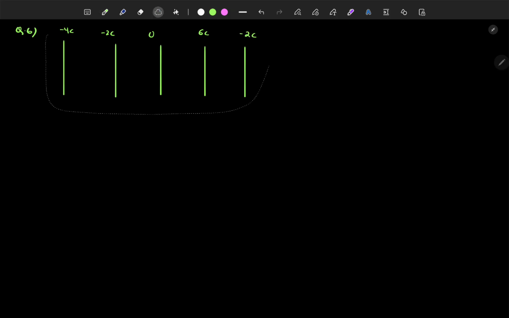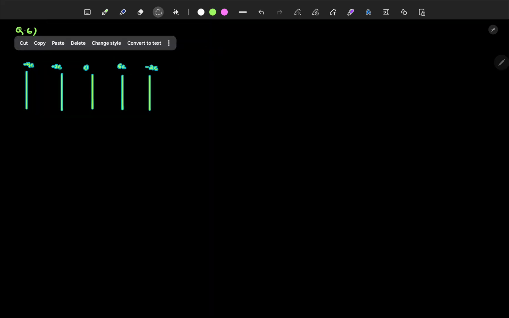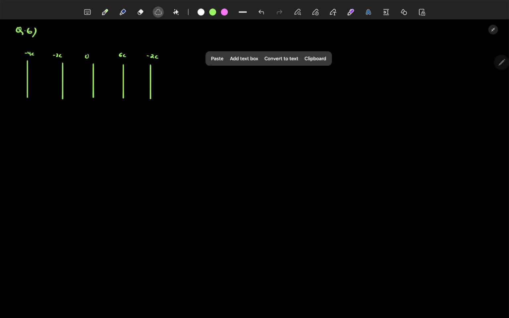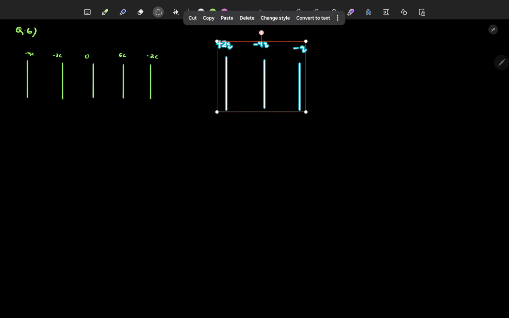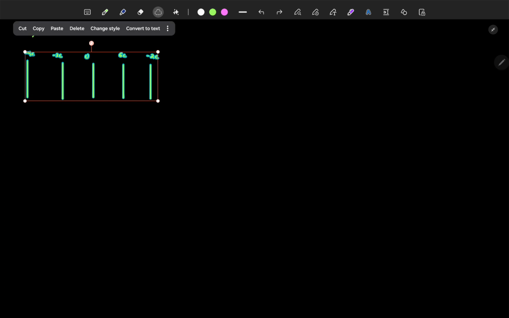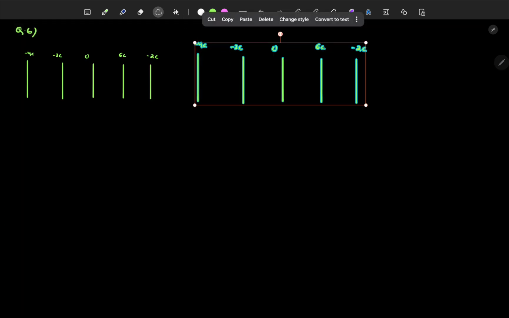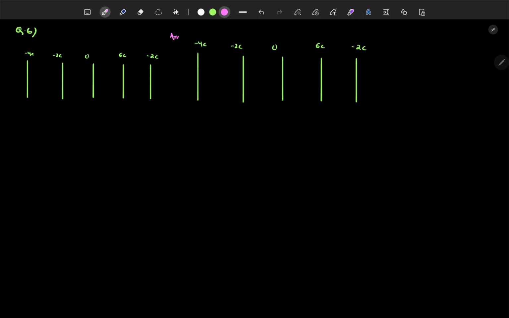So find the distribution of charge on each surface of each plate. This is our question. In order to solve it, draw the diagram. So this is our diagram.